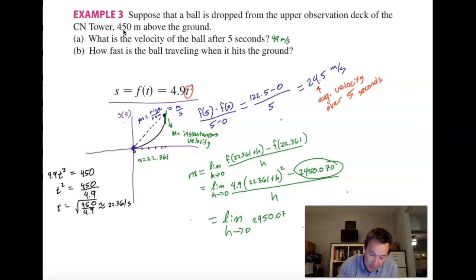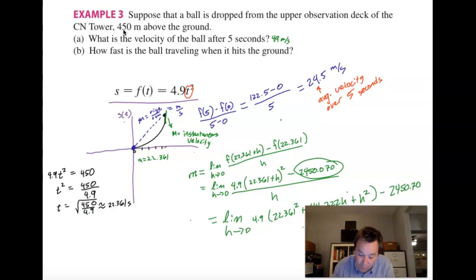Oh, sorry, I'm getting a little bit ahead of myself. 4.9 times 22.361 squared plus 44.722 h plus h squared, minus 2450.070. All right, and that's all over h.